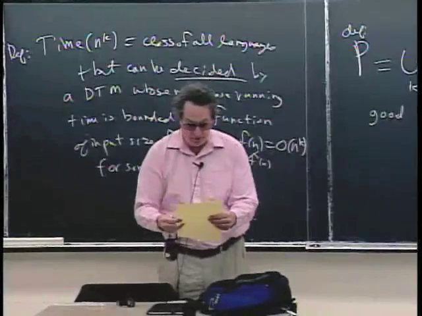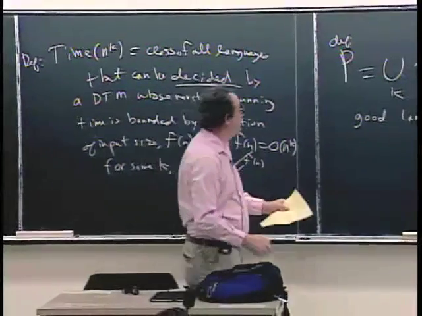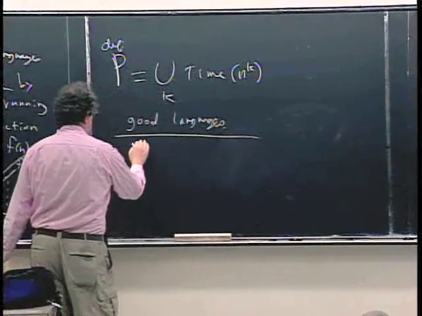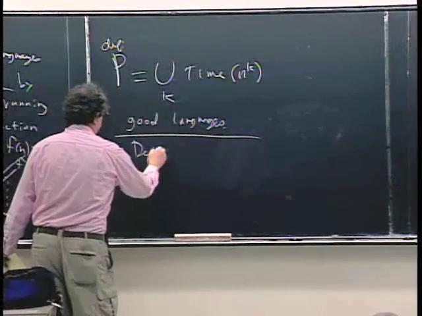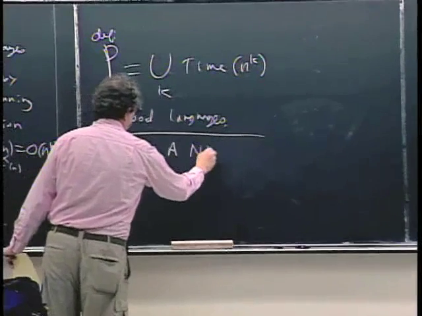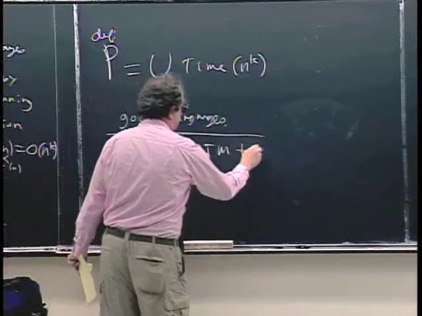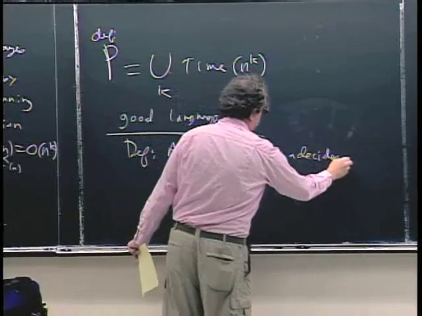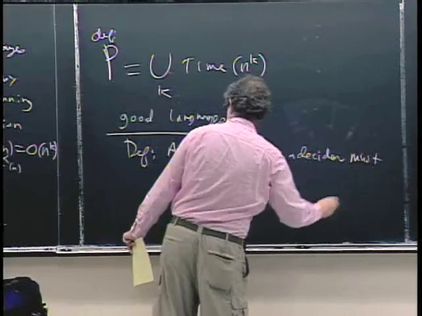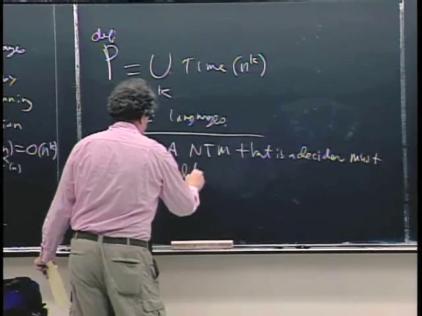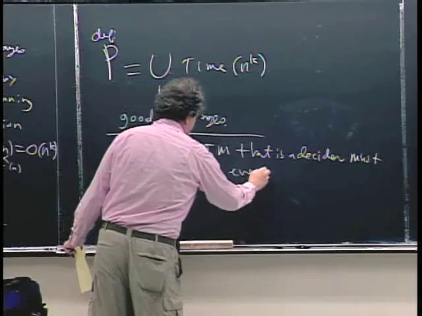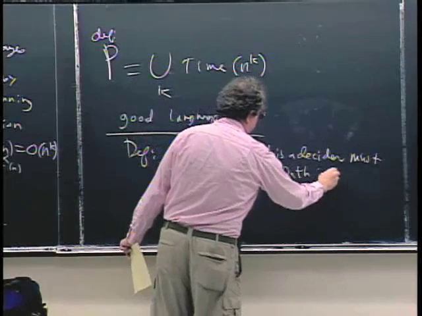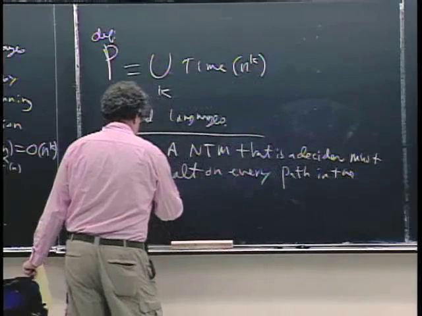All right. Then let me remind you about worst case time for non-deterministic Turing machines. So first of all, a non-deterministic Turing machine that is a decider must halt on every path in the non-deterministic computation.